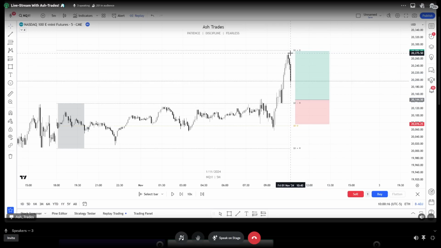If you are 1 or 2 points away from your target, you need to close your positions. Okay? I understand that I said I'm doing 1R or 2R in terms of risk to reward, but let's think a little logically. If you are 1 point, 2 points, 3 points away from your target, close the dang thing.